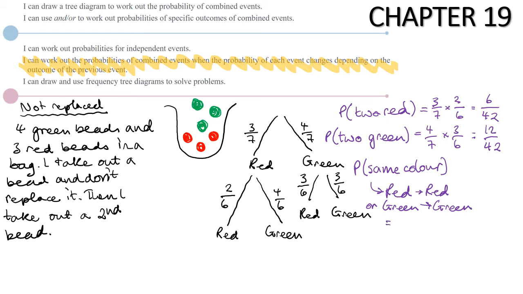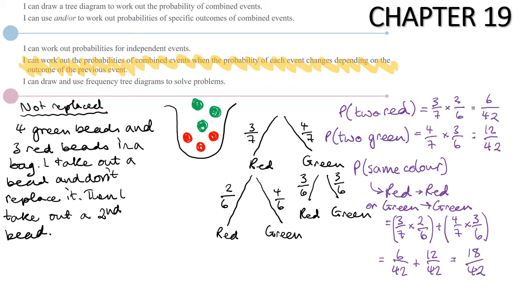So the red branch is going to be 3 over 7 times 2 over 6. Now because I'm taking another branch for green, I'm going to add to that 4 over 7 times 3 over 6. So that will be 6 over 42 plus 12 over 42, leaving an answer of 18 over 42.